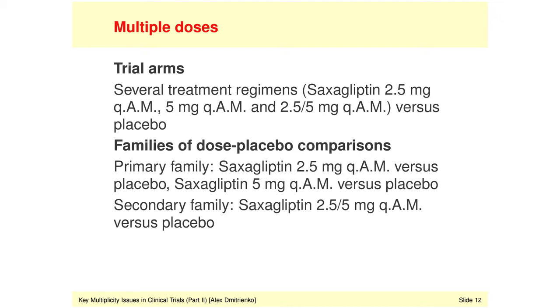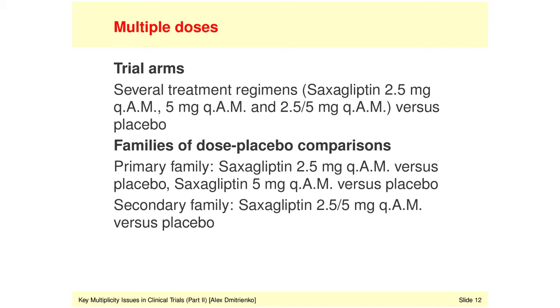Specifically, saxagliptin monotherapy was used as a fixed dose treatment, represented here by the doses of 2.5 milligrams and 5 milligrams. And it was also used with a titration approach in the initial treatment of hyperglycemia.